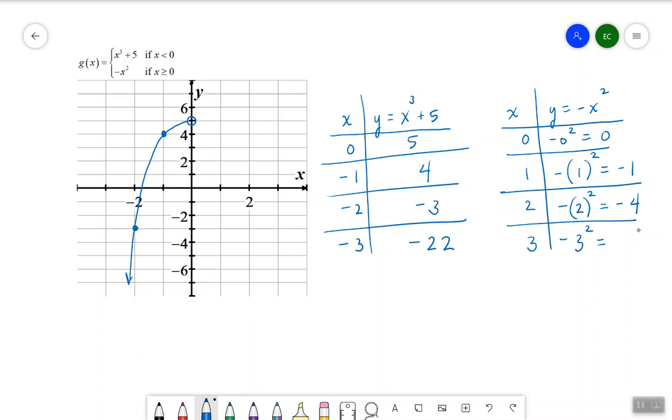It means square 3 and then put a negative in front of it. Okay, so we can go ahead and plot those points. Since the interval is x greater than or equal to 0, we'll start with a closed circle at 0, 0, and then 1, -1, and 2, -4, and 3, -9 is just off the graph.